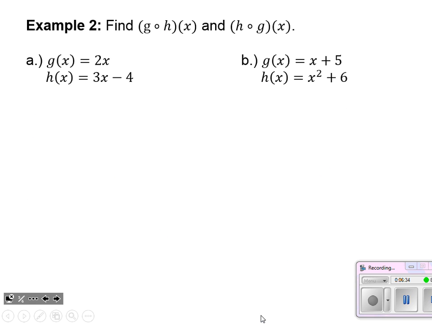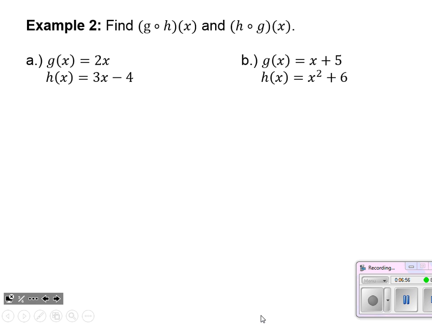All right. Example 2 says to find g of h of x and h of g of x. Now, what we're going to do here is experiment and see if the order matters or not. If my input is going through both functions, does it matter what order I do that? Let's just let these examples speak for themselves and see what happens.